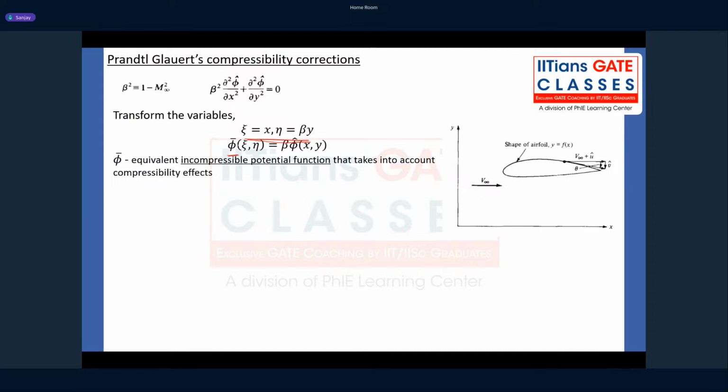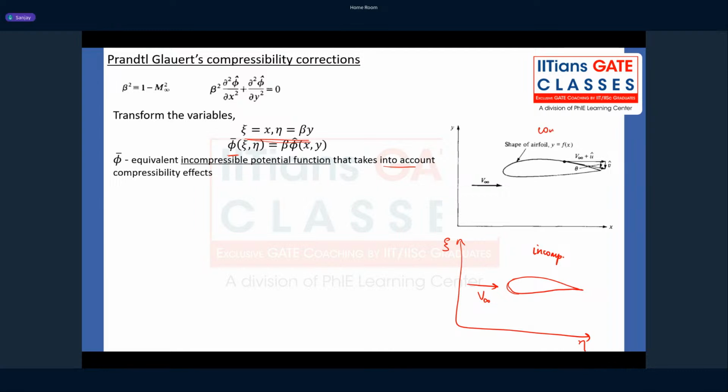The potential function that you get after the transformation is an equivalent incompressible potential function that takes into account the compressibility effects. Which means if I make another plane, a zeta eta plane, with the same aerofoil, the flow in the zeta eta plane is going to be an incompressible flow.